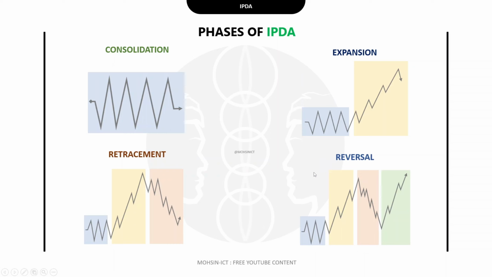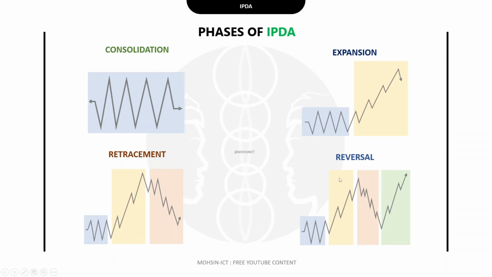Every expansion to retracement is also a market maker model. A lot of times when you are trading, you have seen that market maker models reverse right before taking a consolidation. You know what that is? That's right here. You see this price movement.